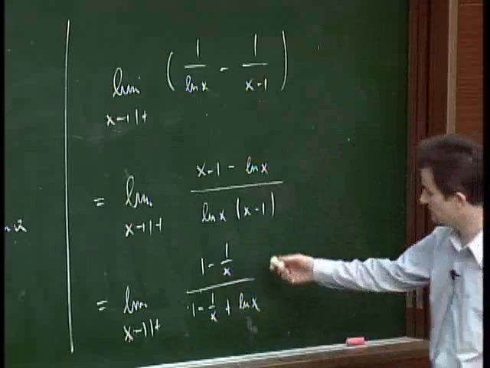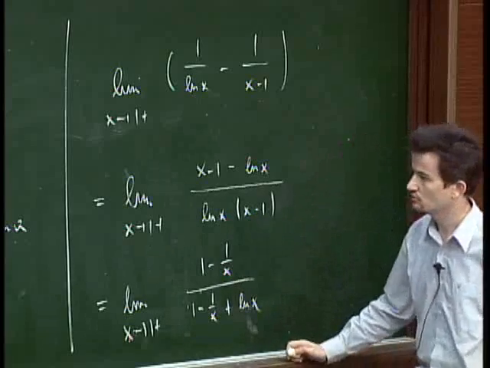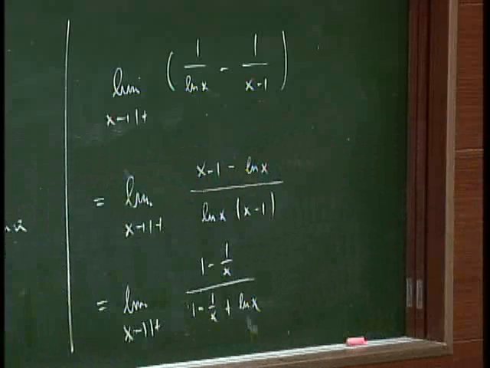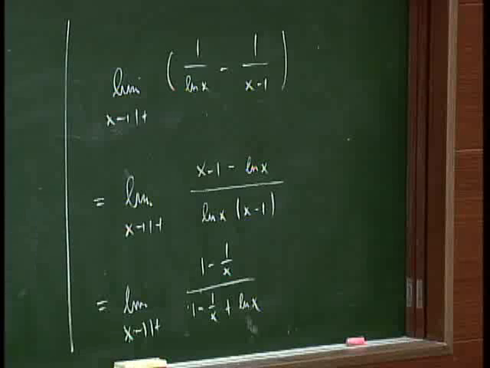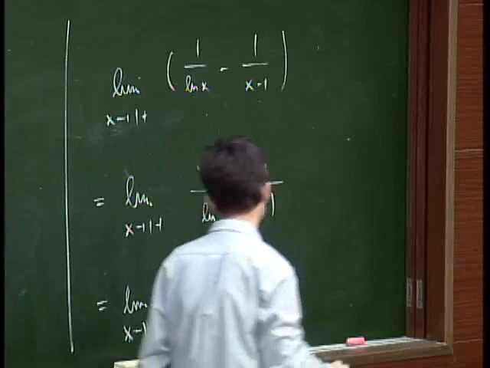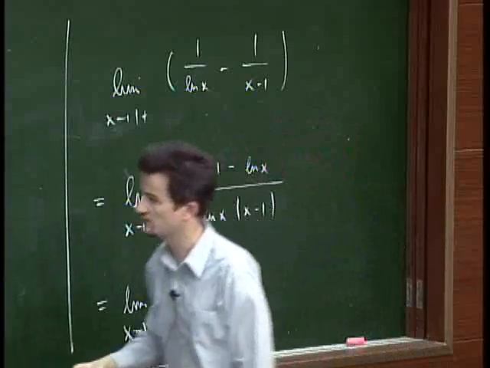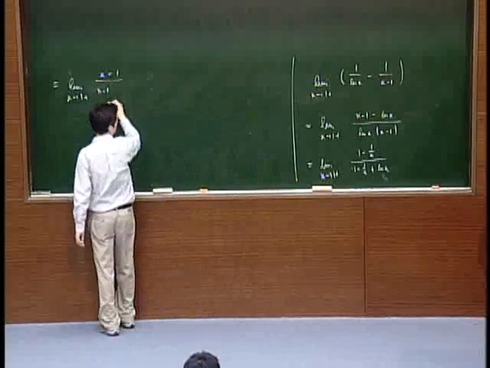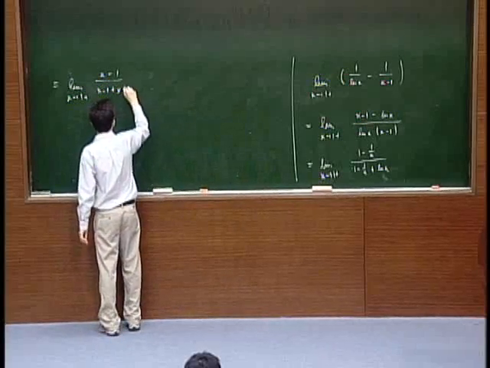You see that, again, 0 over 0. So we first make some simplification. You can write this as the limit as x tends to 1 from the right of x minus 1, and you multiply everything by x, so you have x minus 1 over x minus 1 plus x ln x.